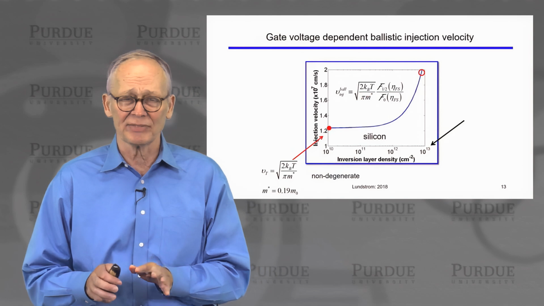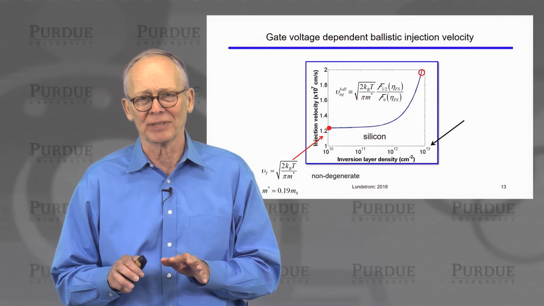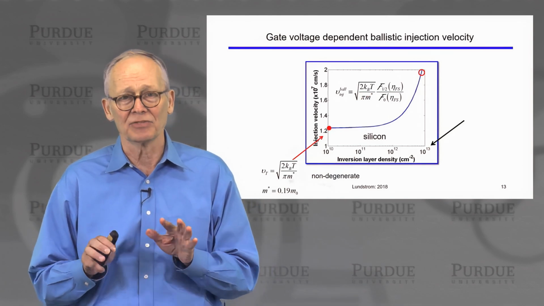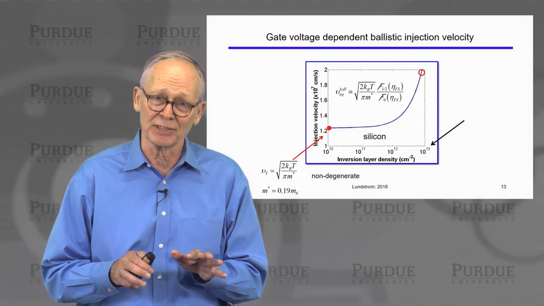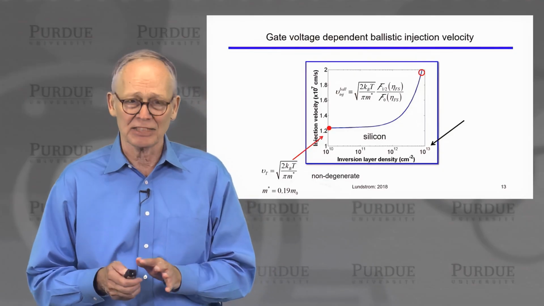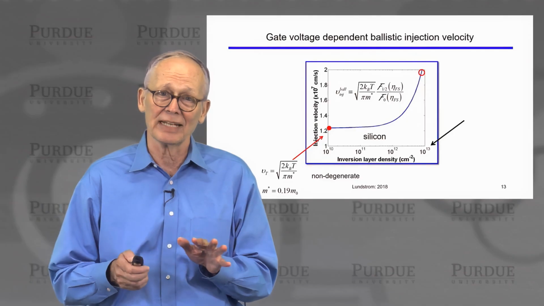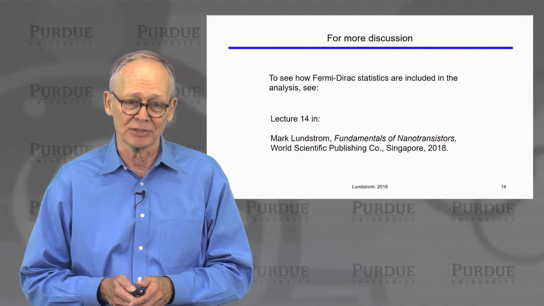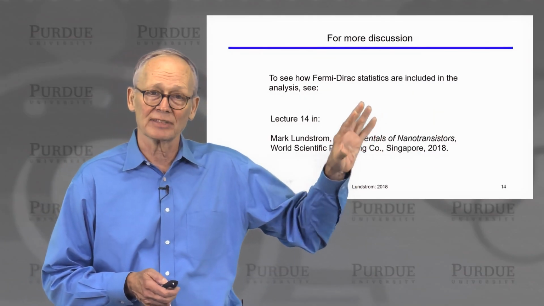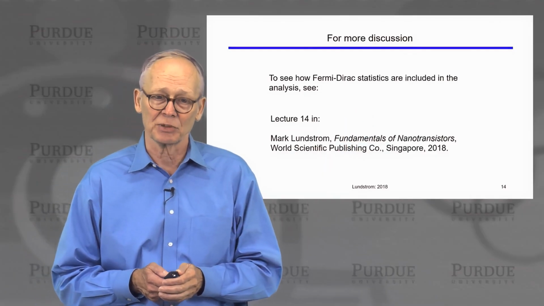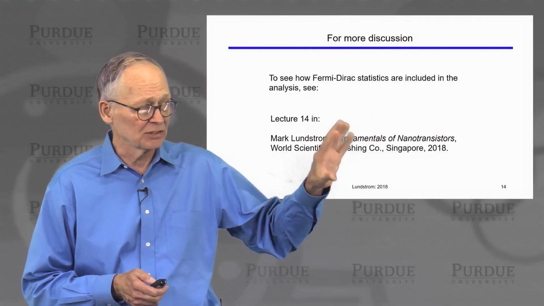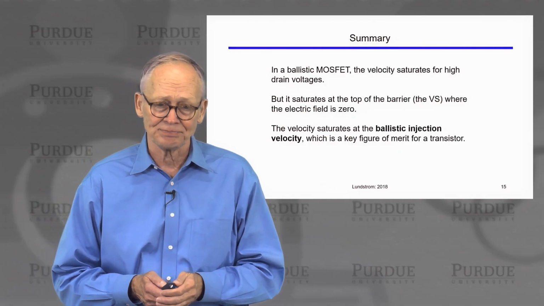So in analyzing real devices, this is something that you're going to want to be aware of and familiar with. It complicates the analysis a little bit because we have to deal with Fermi-Dirac integrals, but it's really important to do that if you want to be careful about the numbers. Now, if you're interested in more discussion about how we do these calculations under more general conditions with Fermi-Dirac integrals, here's a reference for you to consult.